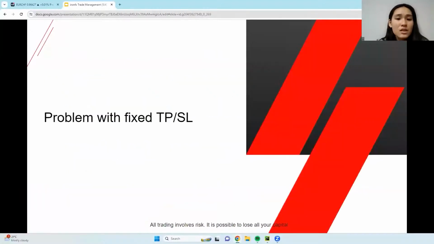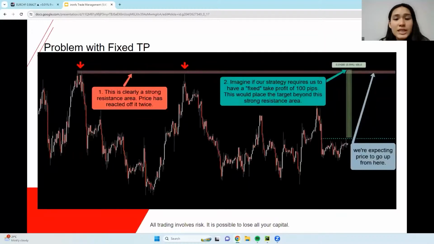So let's start off by going through the issue of having a fixed take profit or stop loss. Firstly, let's take a look at this example. The red area over here, you can see this red resistance level. This shows us a strong resistance area since we have two swing highs, or we can see that price has reacted off this area twice, and it aligns with this red area that we've highlighted.